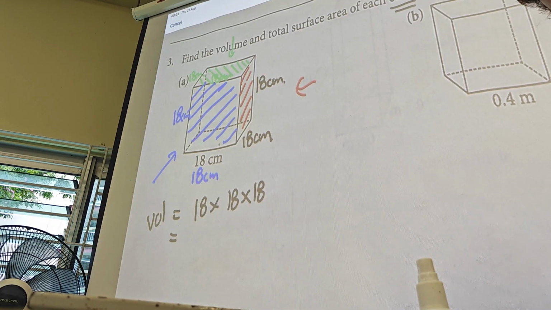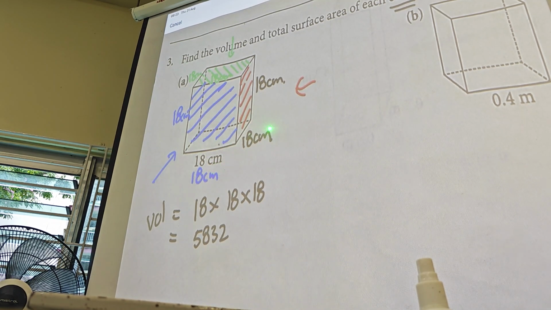Where is my calculator? 18 cubed, 5832. We started with centimeter, so 18 times 18 times 18 are all centimeter.